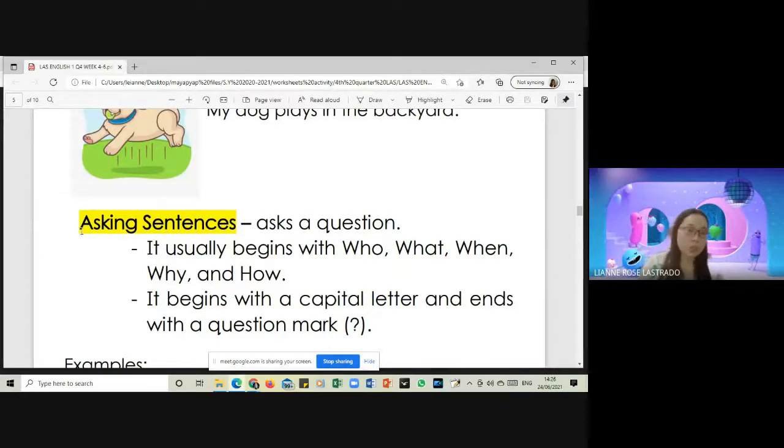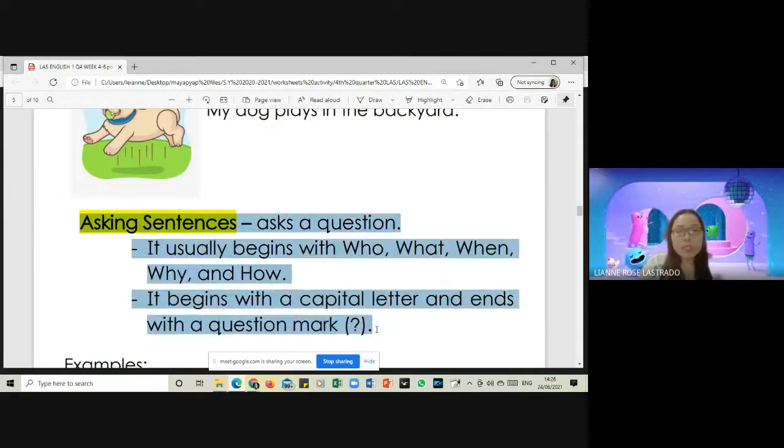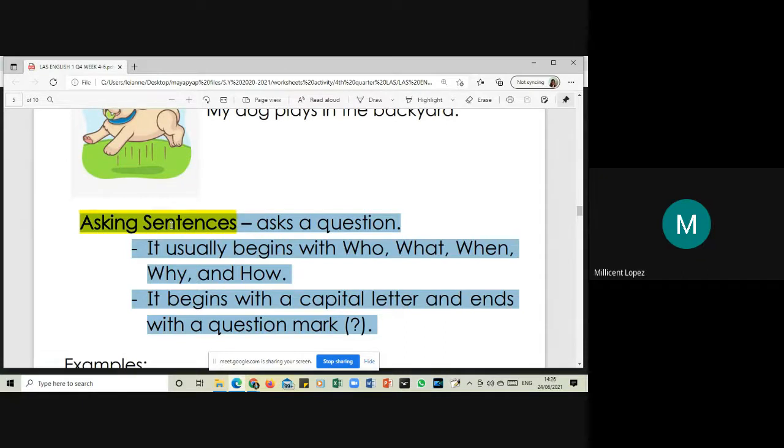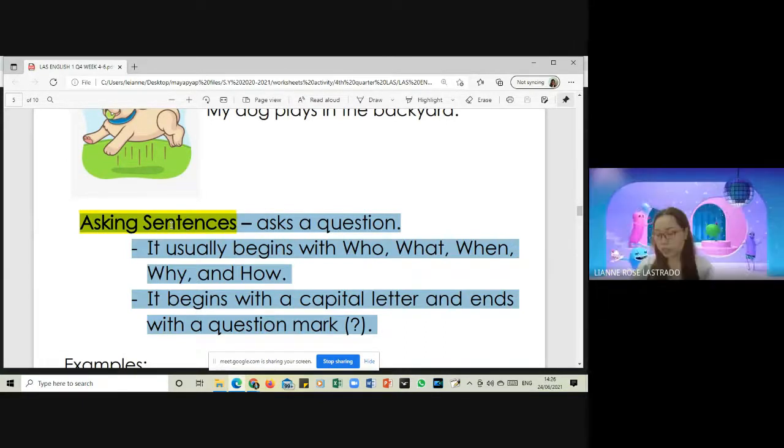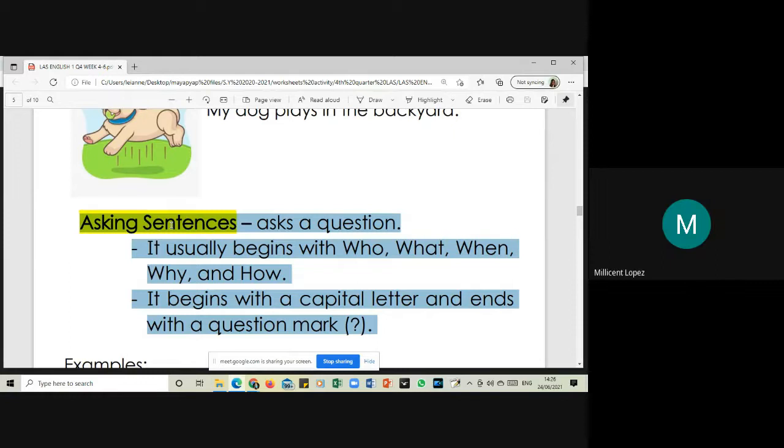Okay, so Millicent, Zoe, will you please read what is asking sentences? Go. Asking sentences ask a question. It usually begins with who, what, when, why, and how. It begins with a capital letter and ends with a question mark.